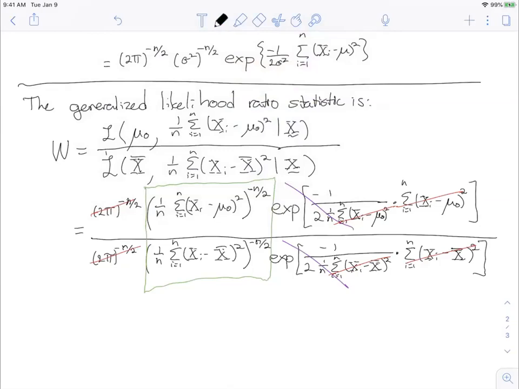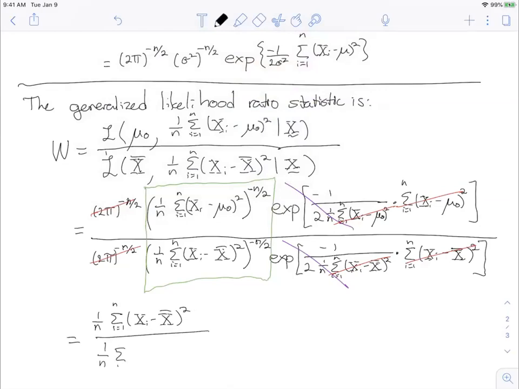So I'm just going to rewrite this as basically swapping the numerator and denominator and getting rid of the negative sign on the exponent. 1 over n sum i equals 1 to n xi minus, I'm swapping the numerator and denominator, so this should be x bar squared.